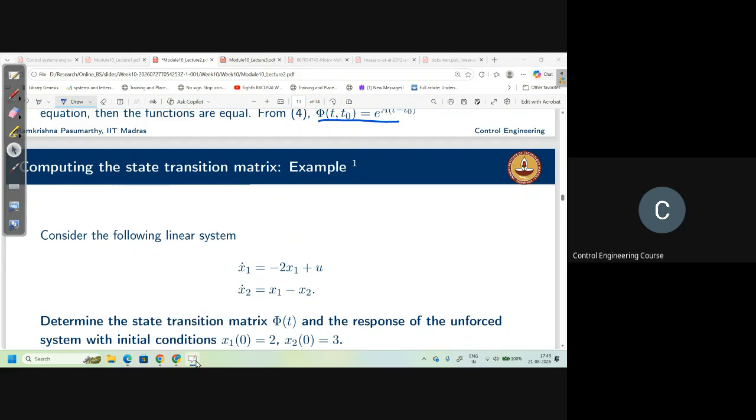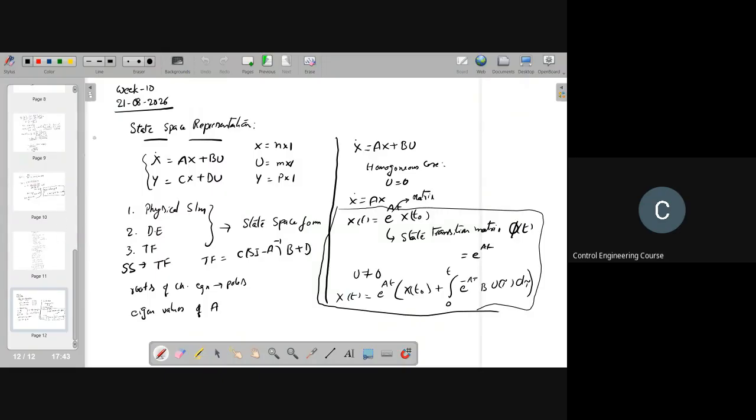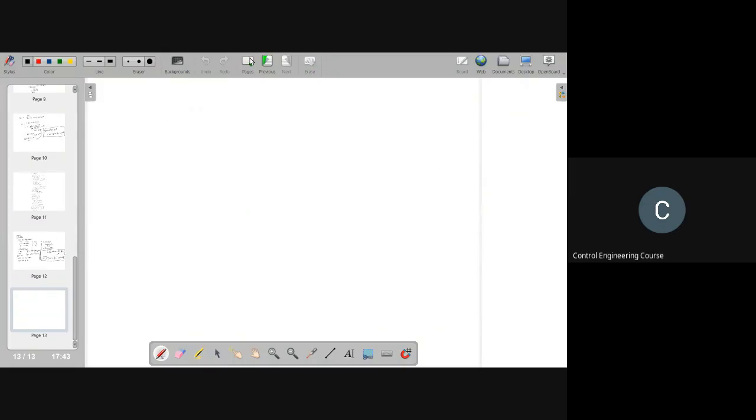So I also showed that e power At is pretty similar to the static scalar case. Here it is a matrix, but in the case of a scalar, it is 1 plus at plus a square t square by 2 factorial, like that.